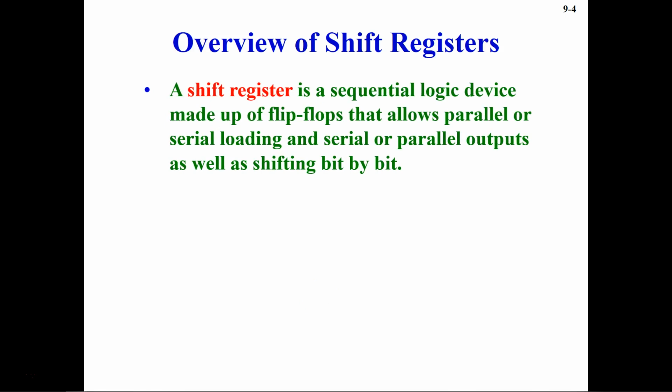So shift registers are basically sequential logic devices made up of flip-flops that allow parallel or serial loading and serial or parallel outputs, as well as shifting bit by bit.